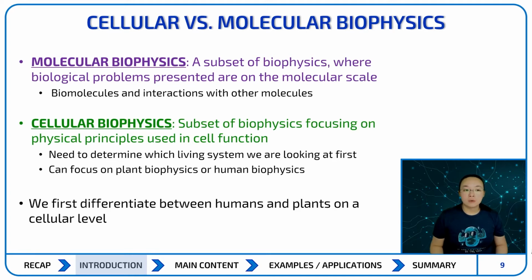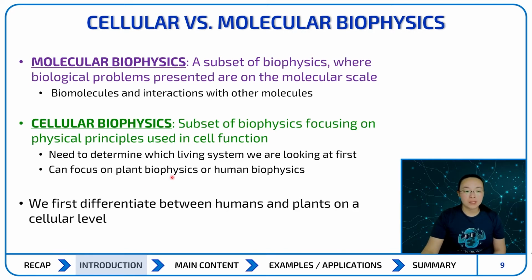So that means we're going to determine which living system we look at first. We could be looking at plants, in which case the cellular makeup of the plant would be fairly different than the makeup of an animal organism. So there are two subfields within cellular biophysics, and there's more depending on what living organism you're studying.